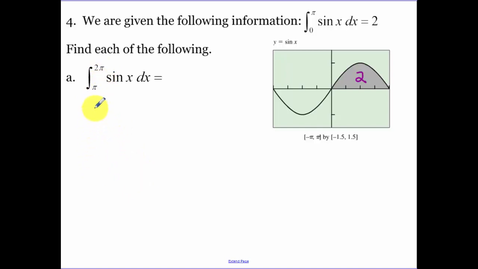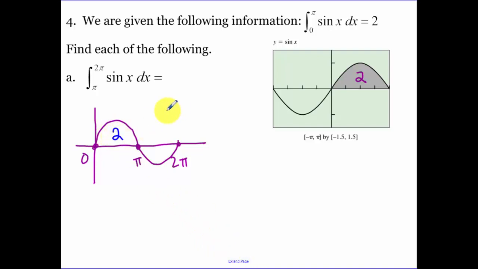Let's look at what our sine curve looks like under one rotation. So this is 0 to pi. Halfway in between, you have another x-intercept, which is at pi. So what they're giving us is that this area right here is 2.